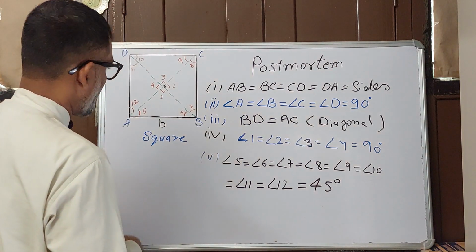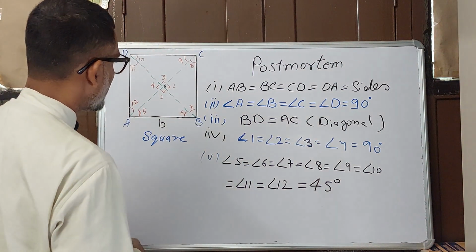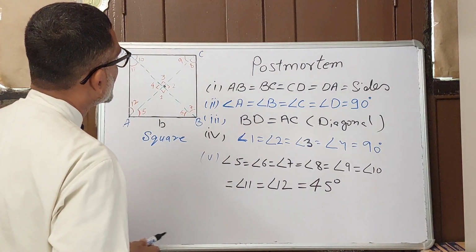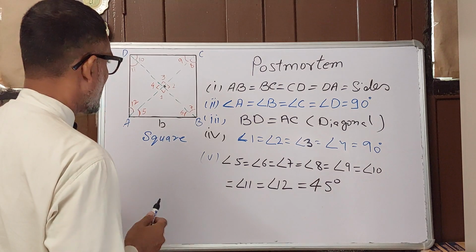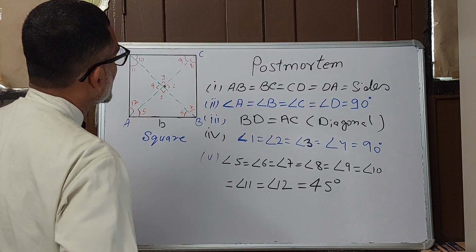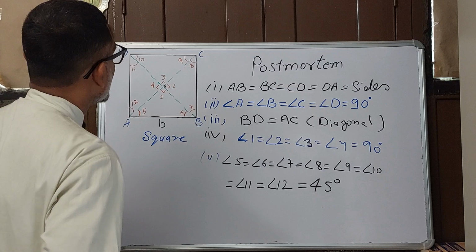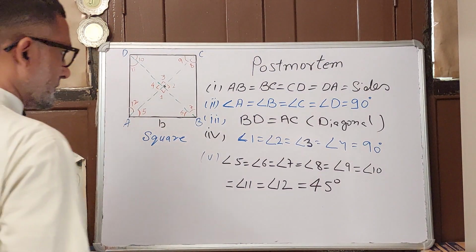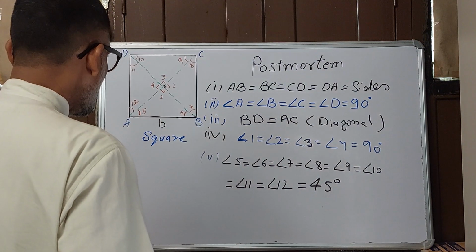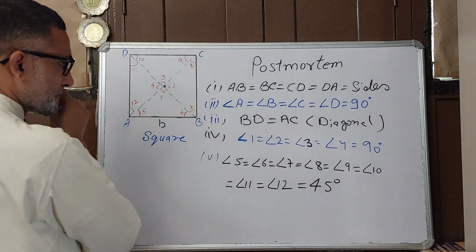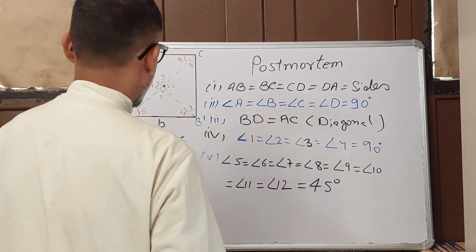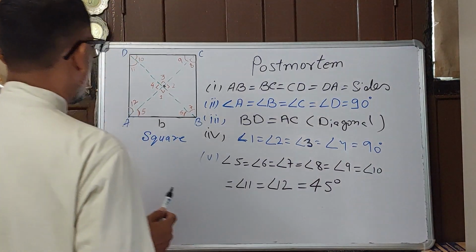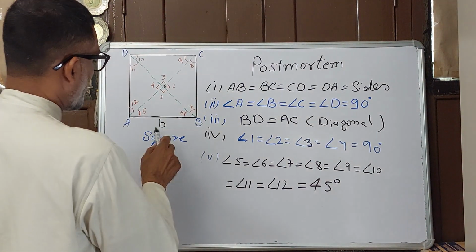Equal and 45 degrees. So these are the basic properties of a square. I think we covered all these properties.